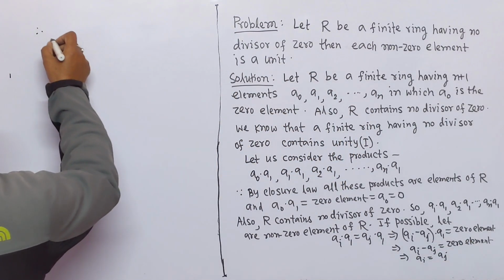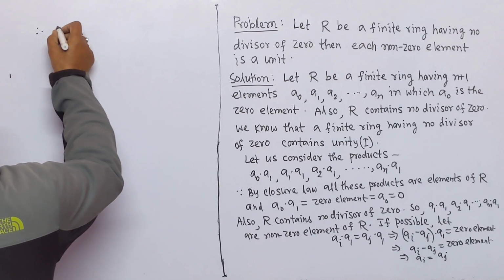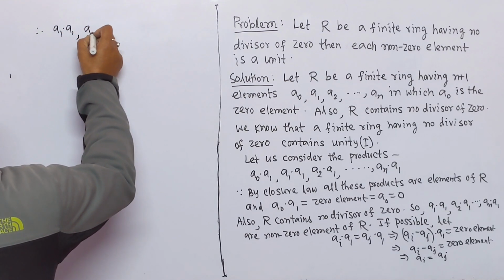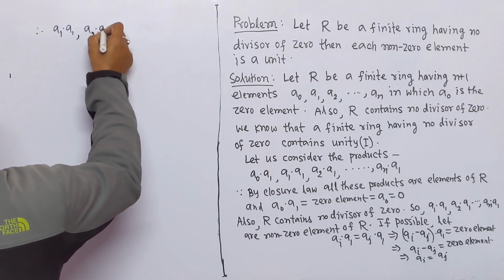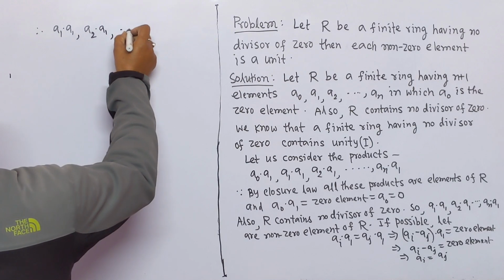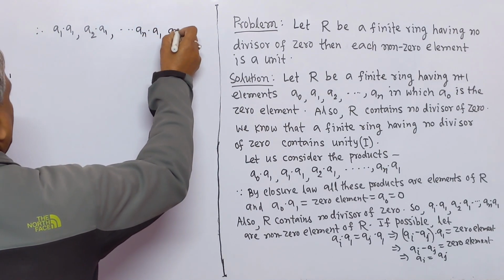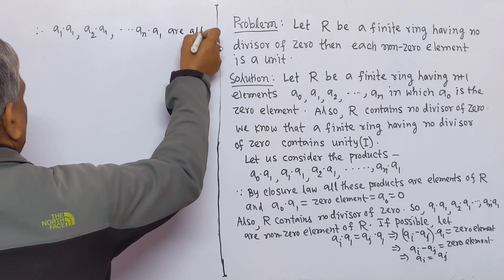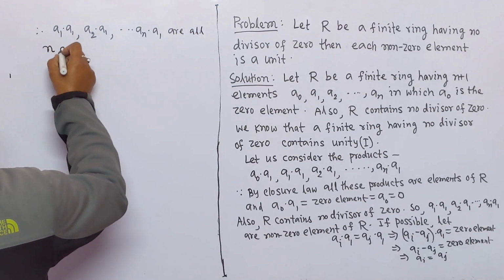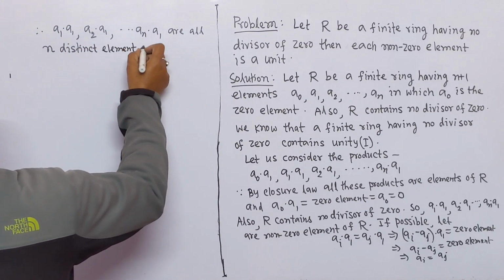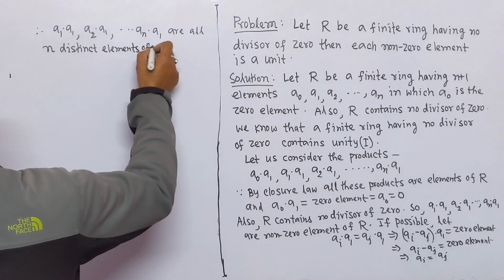Therefore, a1 multiply a1, a2 multiply a1, ..., an multiply a1 are all distinct elements of ring R.